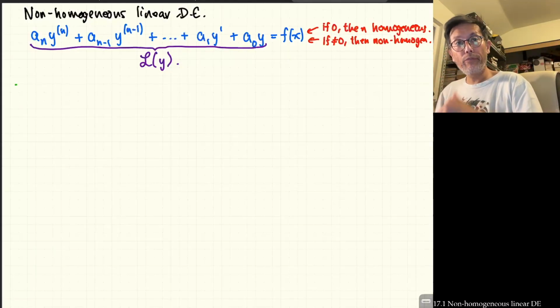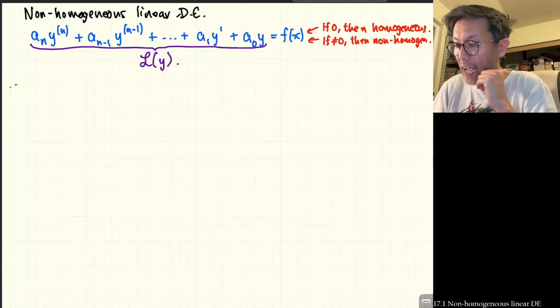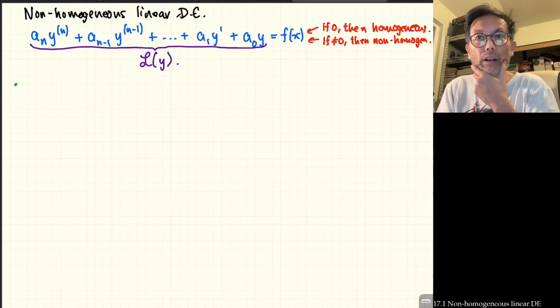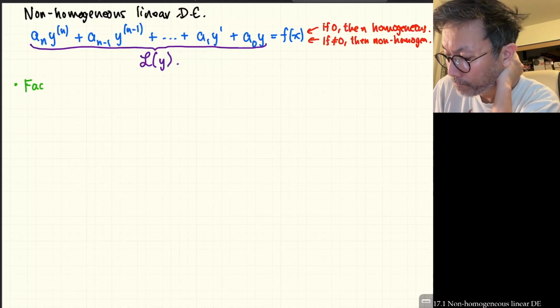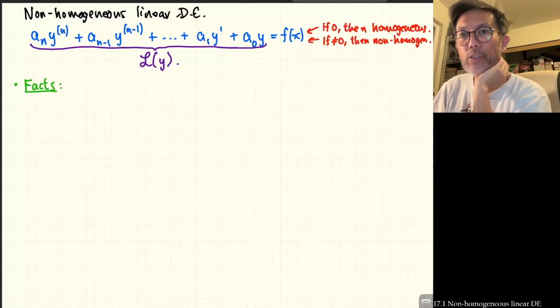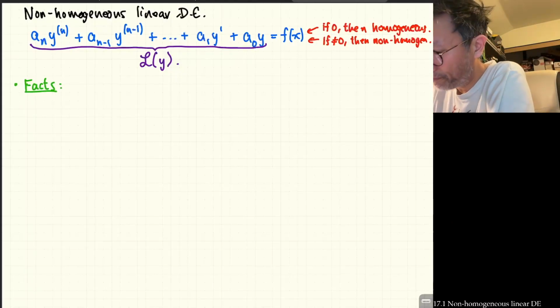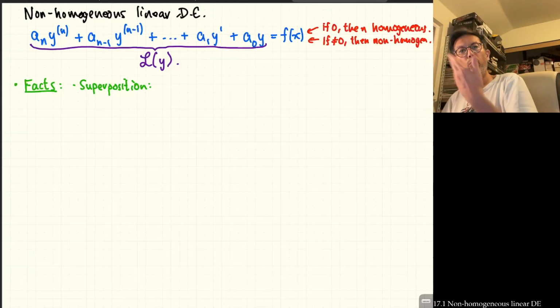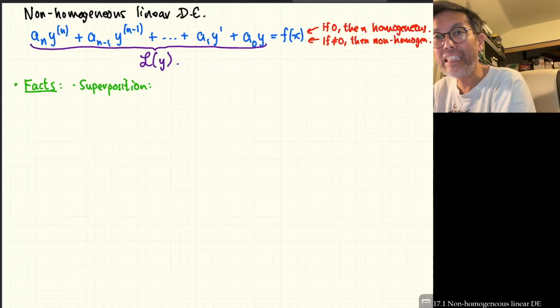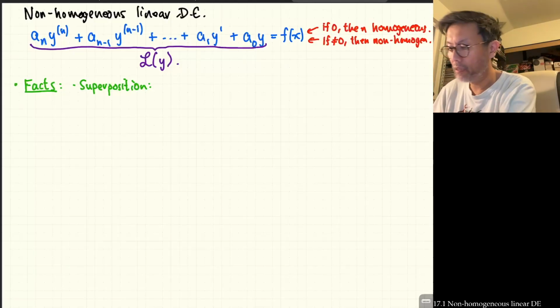Now, let me review some of the crucial facts about equations like this. The first is called the superposition principle. And this has to do with what happens when L eats a certain type of sum.